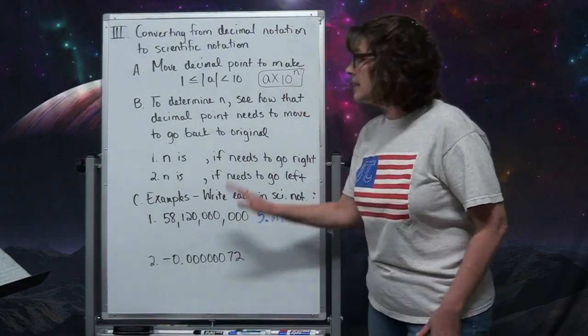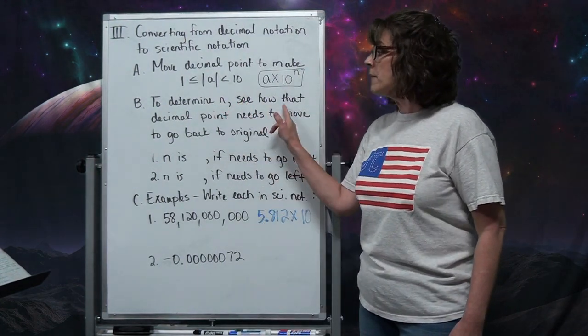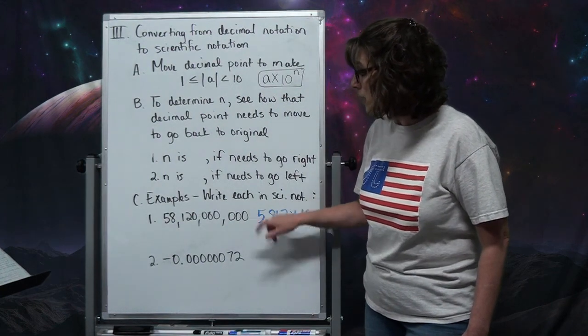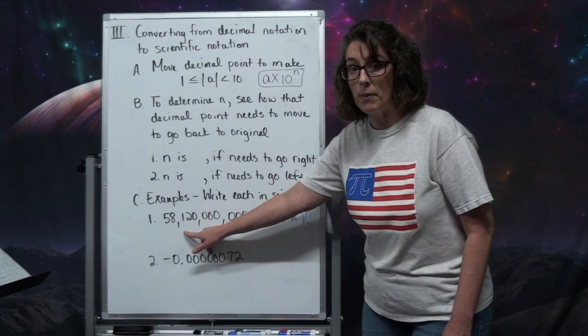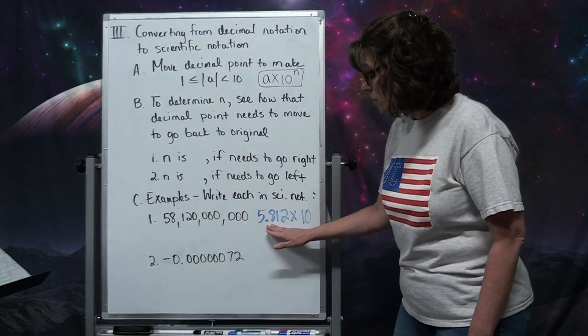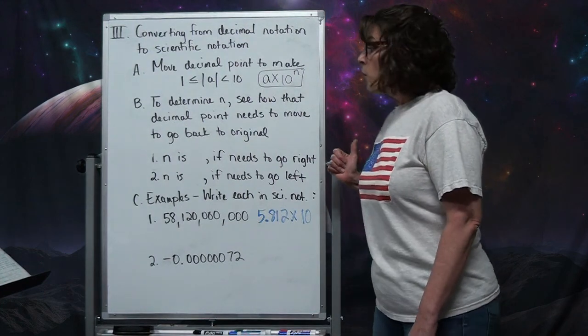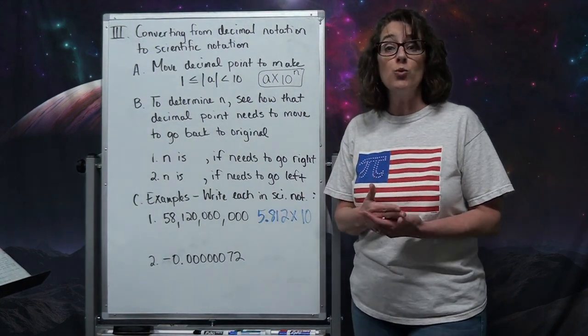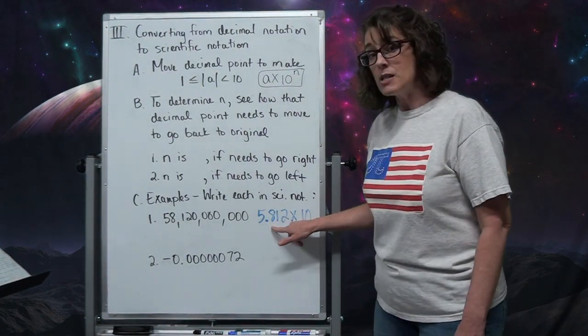But now if I need to figure out what that exponent is going to be, to determine that exponent, I'm going to see how this decimal point needs to move to go back to my original problem. So in other words, this decimal point needs to go first off to the right. Well, this goes back to those old rules, because the old rules said this exponent moves that decimal point.